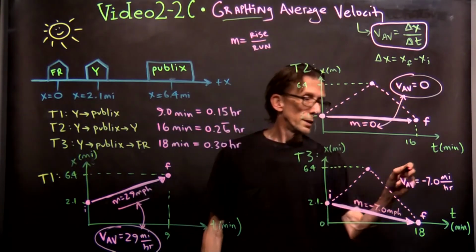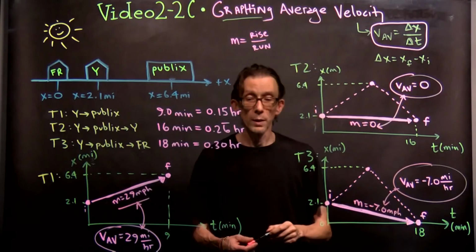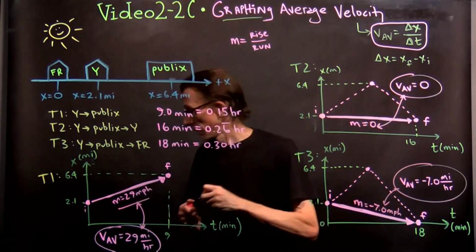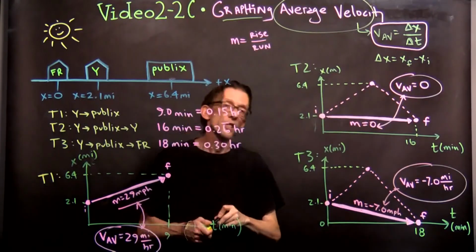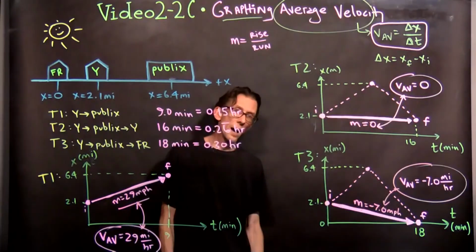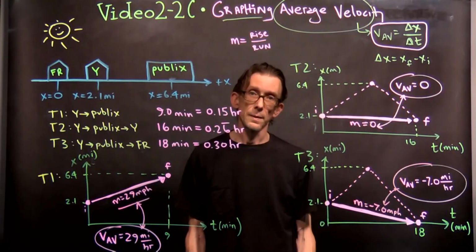Again, the average is negative 7 miles per hour. The slope is negative. So the average velocity is the slope of a line connecting the initial and final points on such a graph as this.